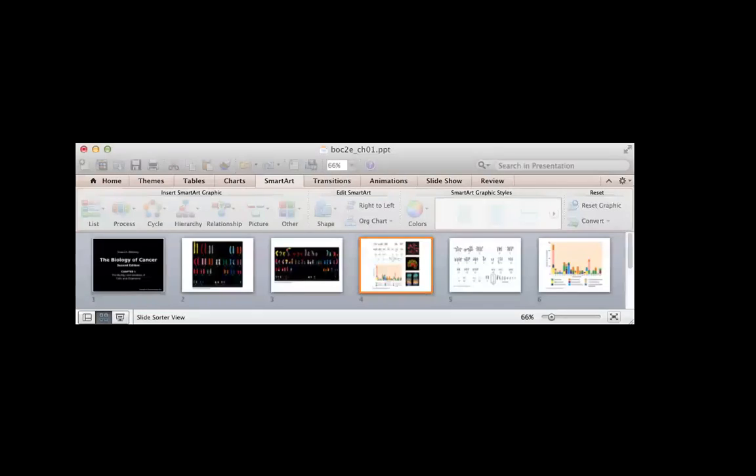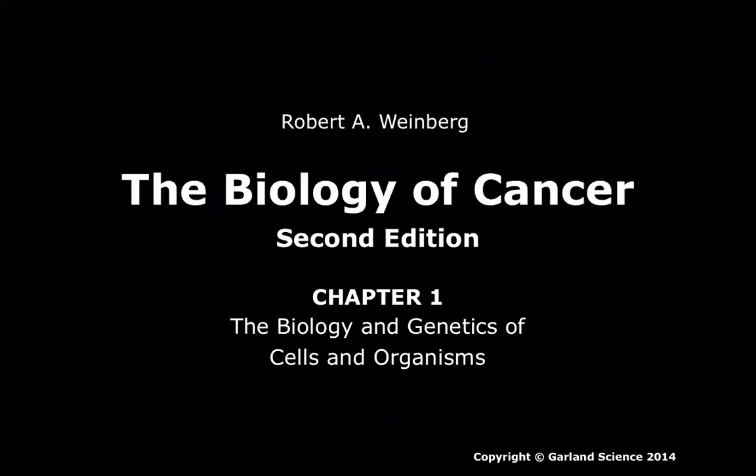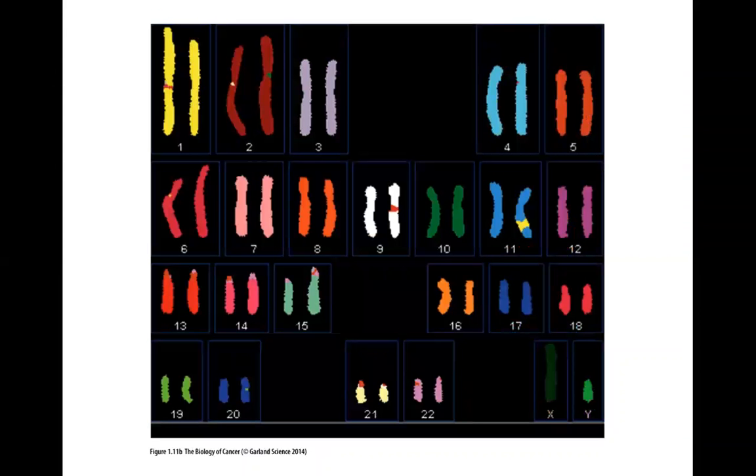I'm going to go back to my shared screen and find this chapter's figures. Let me open this up, and I've basically distilled a few of the figures. We'll go back to the title of the chapter. This is the first figure that I would like to show, and this is a normal karyotype.